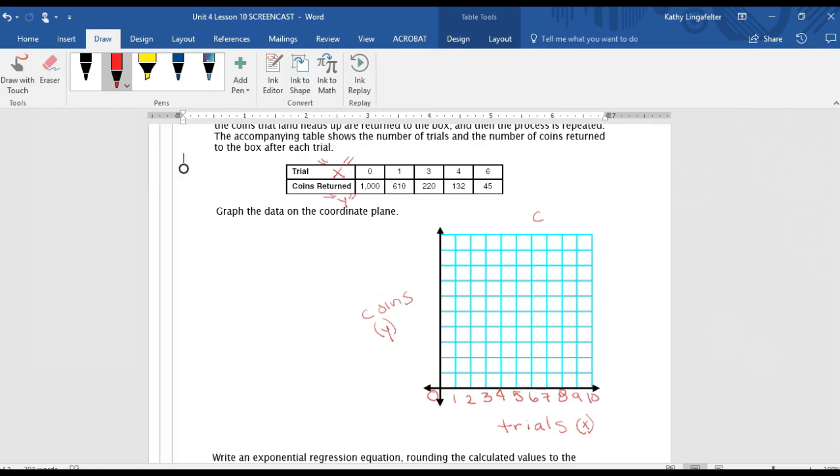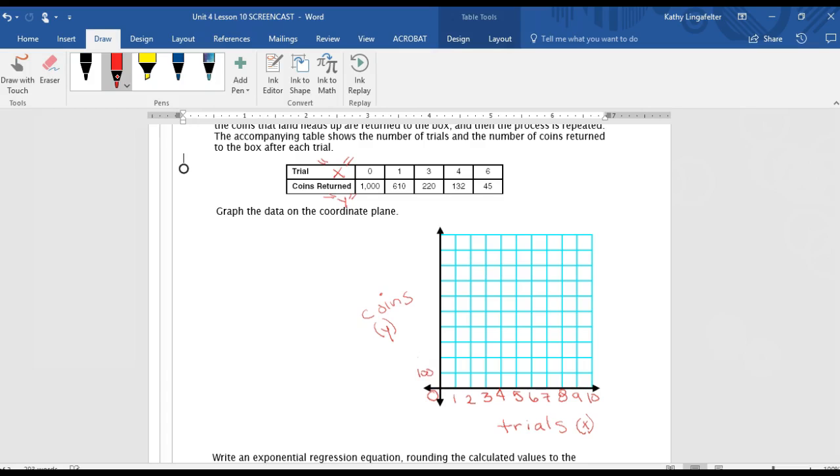Alright, so my minimum value for my coins is 45, and my maximum value for my coins is 1,000. So I have 10 places to fill. So I think I'm going to count by 100, because 100 10 times makes 1,000.